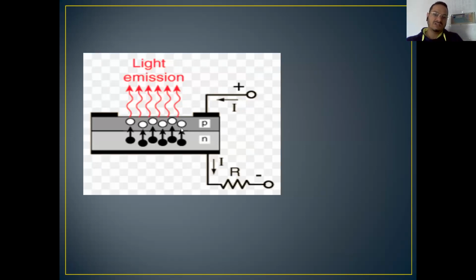This image illustrates how all of these carrier types can recombine at the region, the active region.